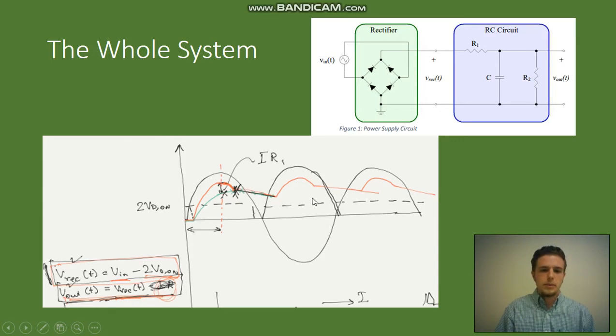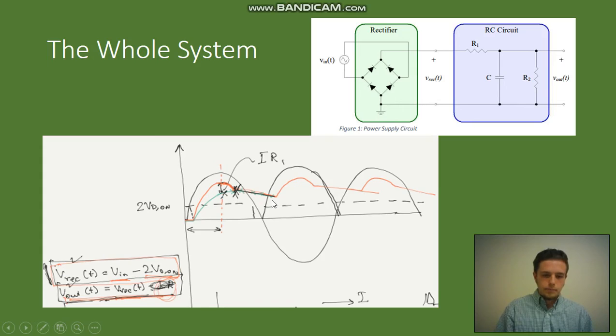And then it will repeat this process over time, and this gives us a more constant DC out voltage, which is great because this is a power management system, and we have our sinusoid being converted into a more DC output source through the diode bridge, which is 2VD on, which I think I mentioned has to be less than Vin at all times, logically, because you can't have more than the source.